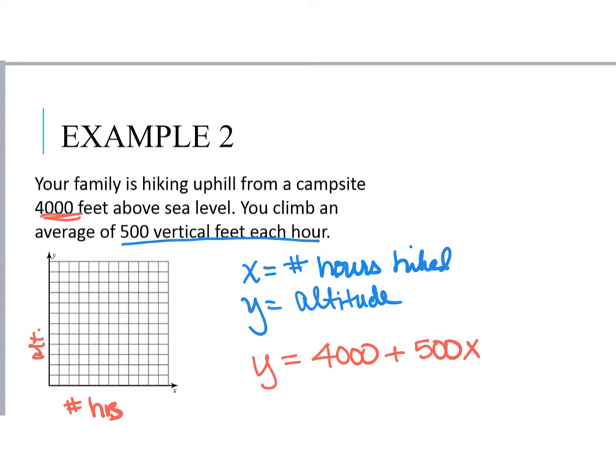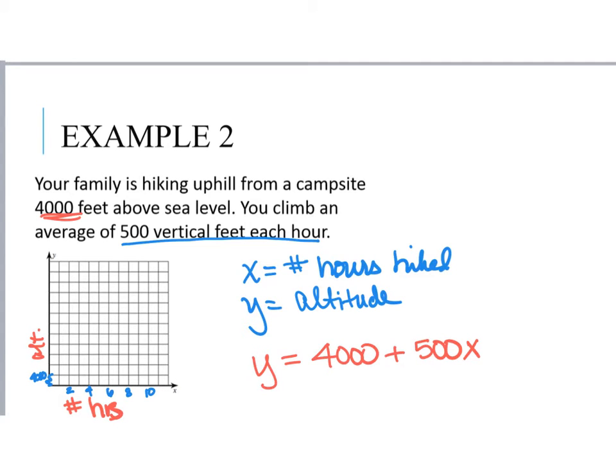So now when I go to set my scale, I can do increments of 1 along my x-axis. So this is going to give me 2 hours, 4 hours, 6 hours, 8, 10. And then if I go along my y-axis, I'm actually going to do a little break and show that we're starting out at 4,000.